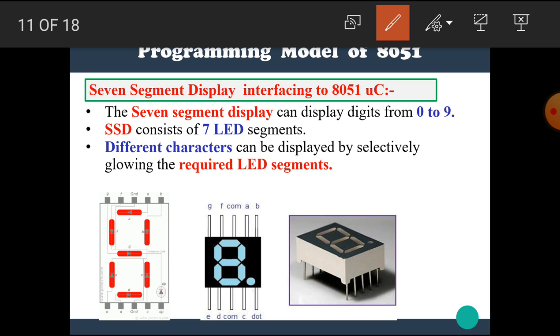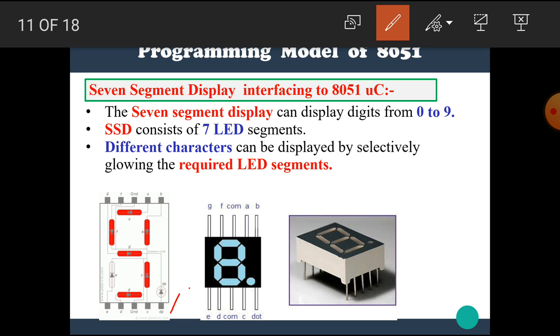Different characters can be displayed by selectively glowing the required LED segments. For example, if we want to glow 1, then we have to glow these two LEDs. The other numbers can be glowed by glowing the different segments, which is shown in this animation.